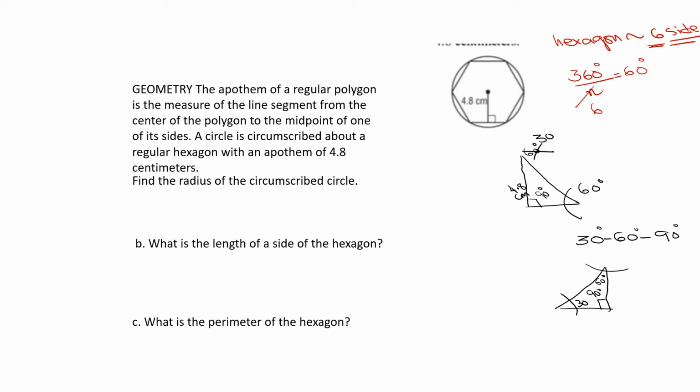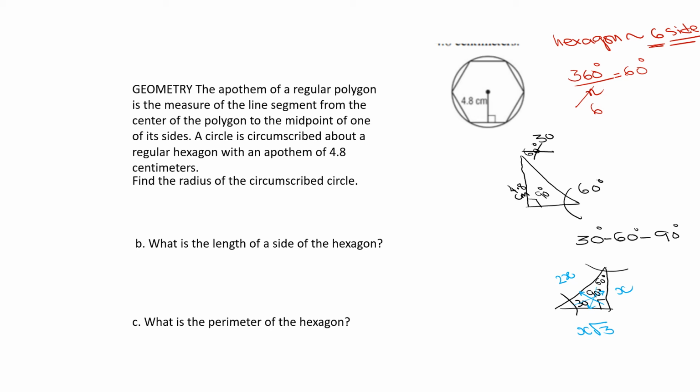From my previous knowledge, the side opposite to 30 degrees equals x or s, whatever you like. The side opposite to 90 degrees, the biggest side, is named 2x. The side opposite to 60 degrees is x square root of 3. This is the information about this special triangle.